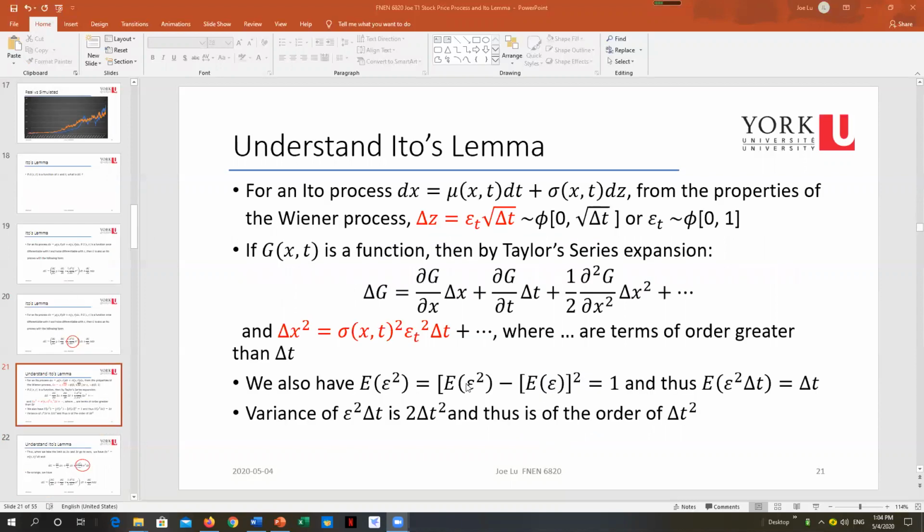Now, we're not going to prove this, but let's offer some explanation for this particular structure that we see in Ito's lemma. Essentially, we have a dz here, which is a Wiener process. It's in this form, where epsilon t is normally distributed with mean 0 and standard deviation square root of delta t.